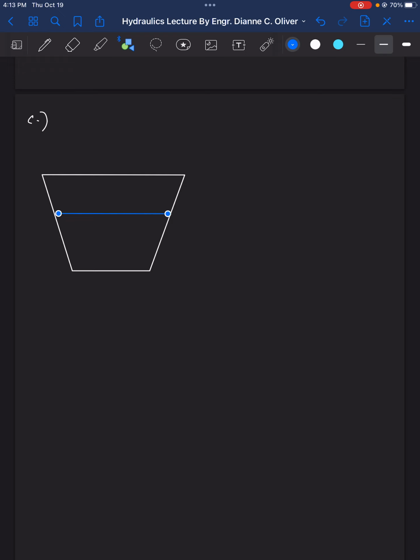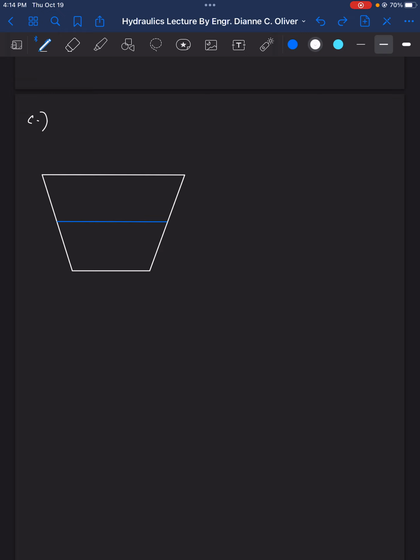So let's put the level here of the water. This is our area strip. So solving for the integration, what's the formula for integration?